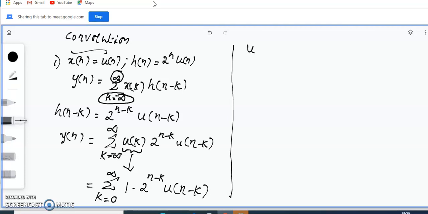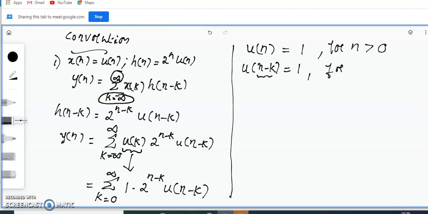We know that the value of the signal u of n is 1 when n is greater than 0. Isn't it? Then u of n minus k will be equal to 1 when this value, that is n minus k, is greater than 0.